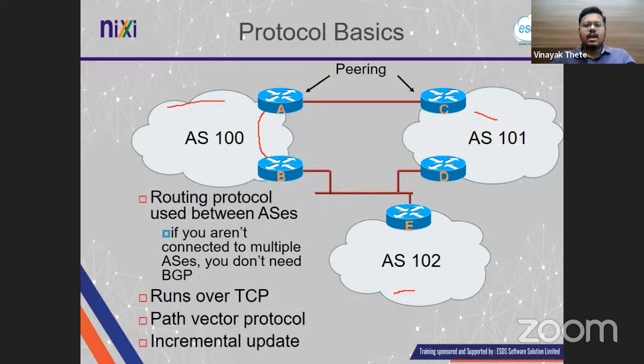Path vector means, if a route has to traverse from AS 100 to AS 102 and the best path is via AS 101, for example, then in that route you will see AS 100 as the first hop and AS 101 as the second hop for that specific route, which is learned on AS 102.